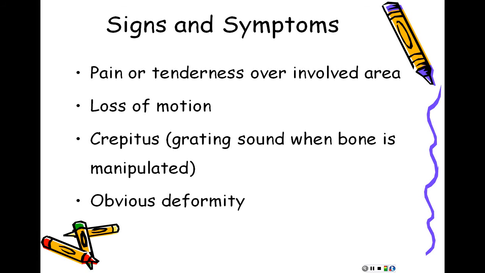So we would not want that person to manipulate that area much. And this is an obvious deformity. They may or may not have an obvious deformity, and this will make sense when you look at the different types of fractures on 1636. If a person has an open fracture that protrudes, then that would be an obvious deformity.